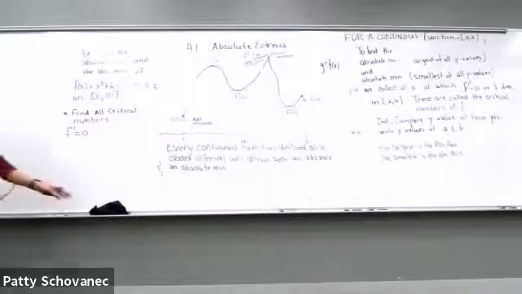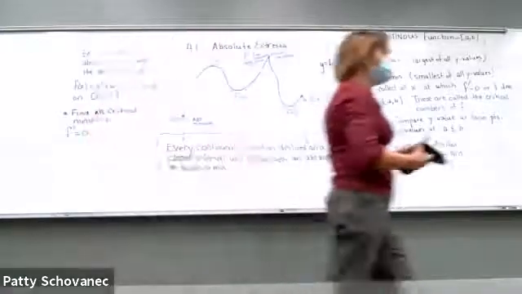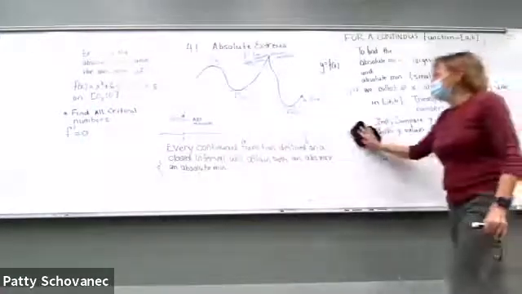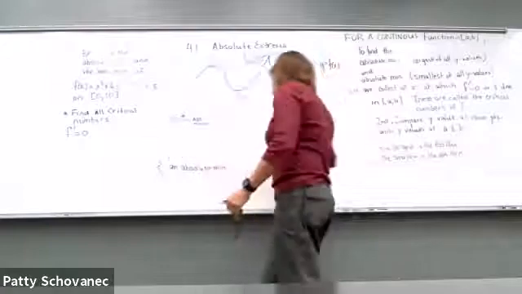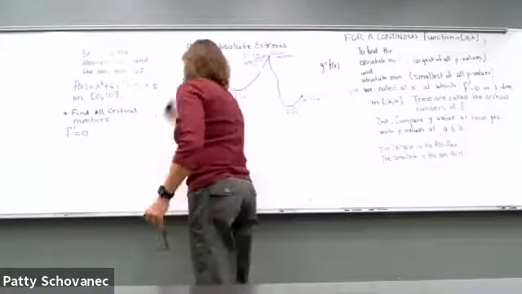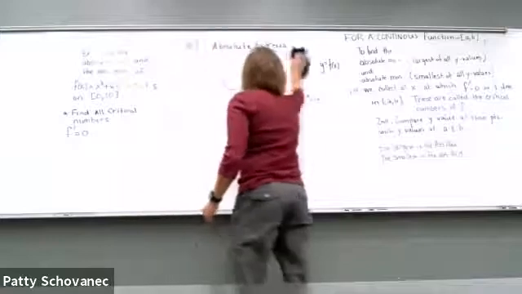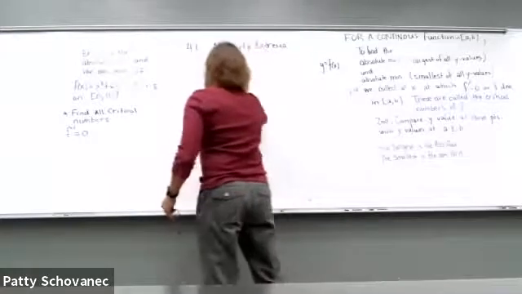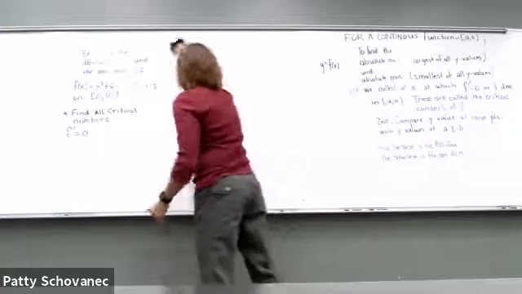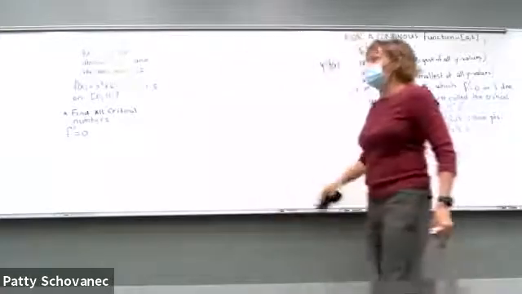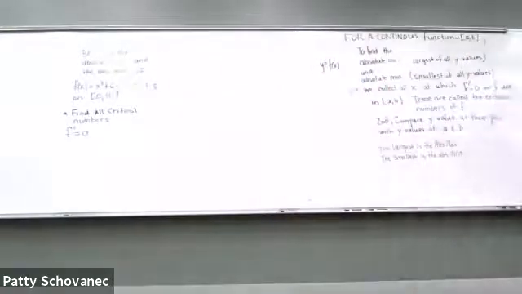So you're going to find out where the derivative is equal to 0. And you're only interested in the critical numbers that are between 0 and 10. So if you find some that live outside that interval, throw them away. That doesn't tell us anything about what the question is asking for.